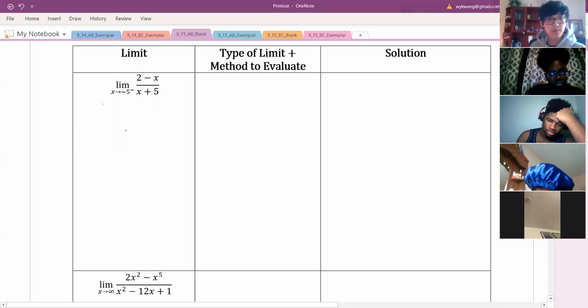So because there's a 0 in the denominator when we plug in -5, and also we can't simplify it, we can't factor it, factoring is not possible, we know that this is an asymptote limit.